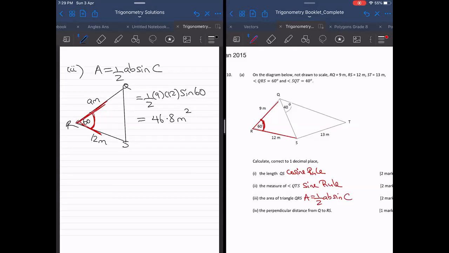No, you're never ever supposed to divide. The area is always multiplying. So I'm not sure.